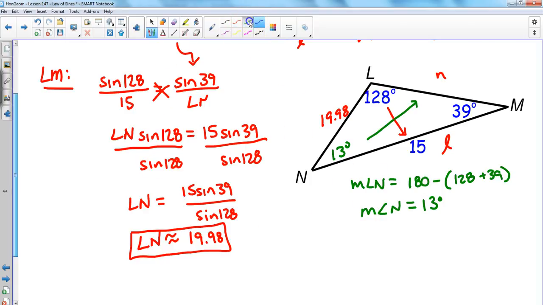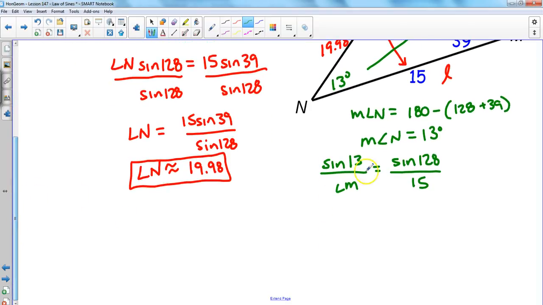The measure of angle N is 13 degrees, so the sine of 13 degrees over Lm, that's the side that it projects to, is going to be equal to either one of these other ones. Now what I would say is we know exact values for this angle and this side. This is a rounded value. Anytime you can use exact values, you want to go ahead and do that. So the exact values come from this side-angle pair right here. So I've got the sine of 128 over 15.